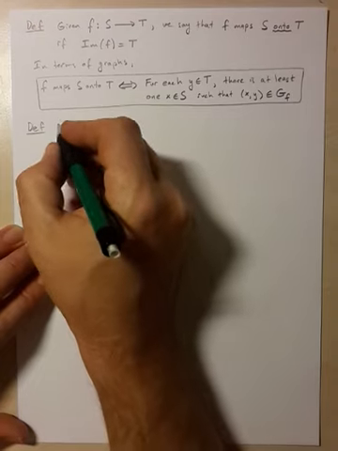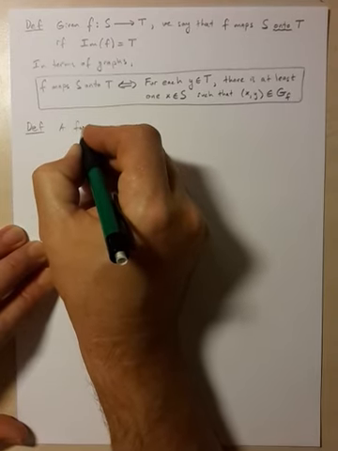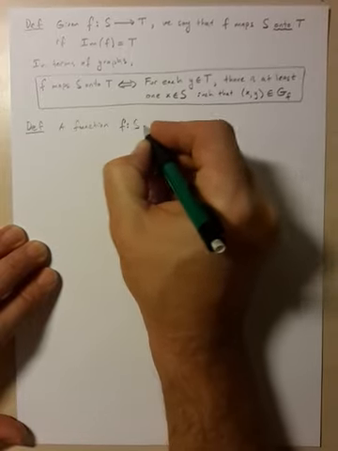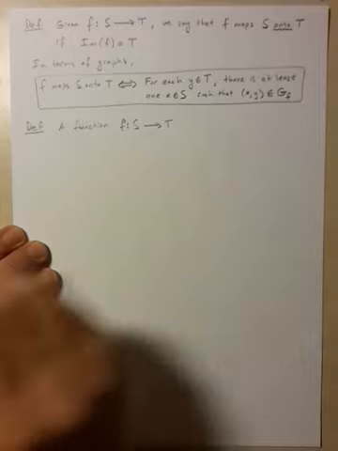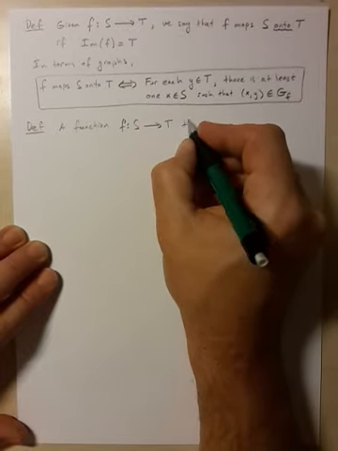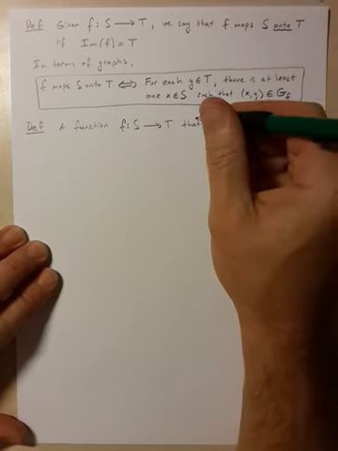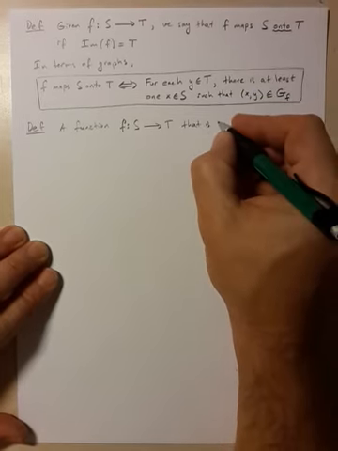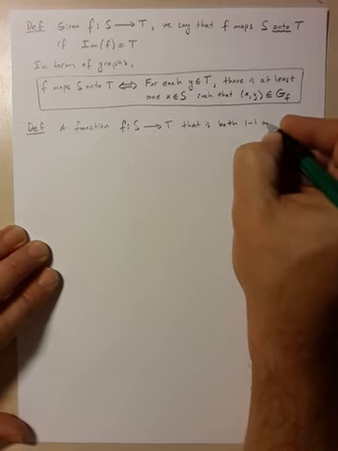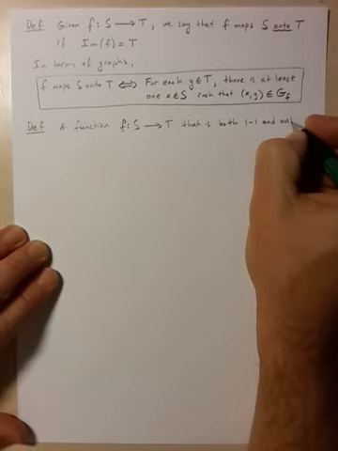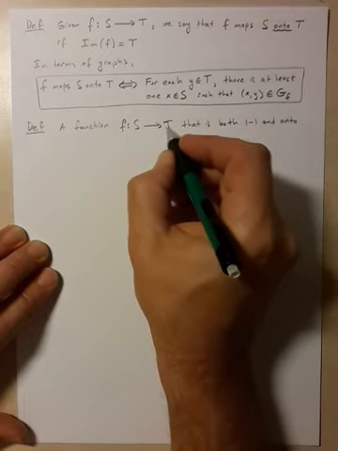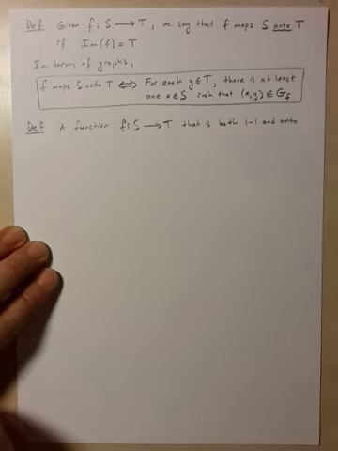In other words, a function f from S to T, S is domain, T is codomain, that is both one-to-one and onto. Onto means, of course, the image of f is the entire codomain, right? This is the meaning of ontoness.